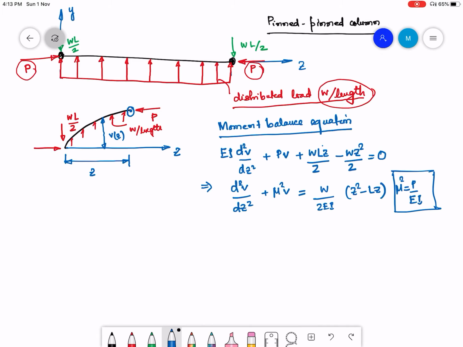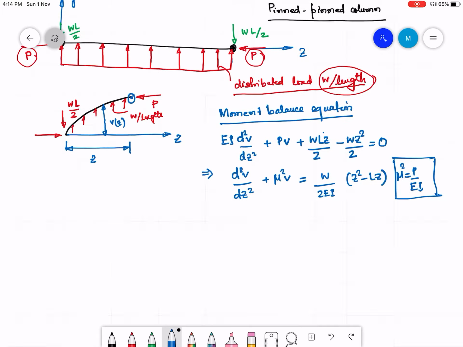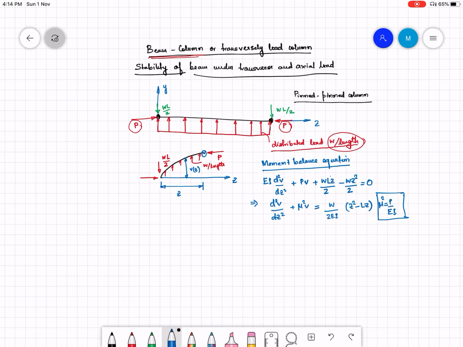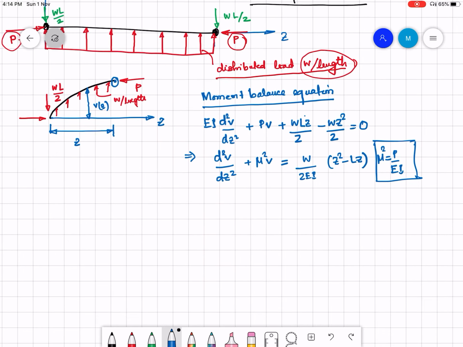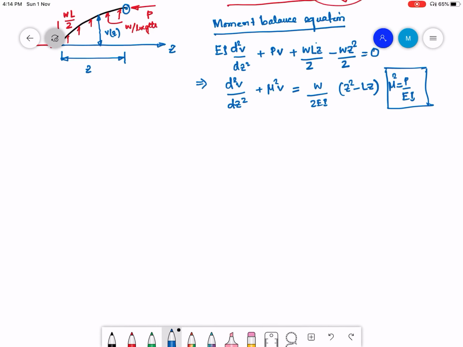Now if I solve this equation, the general solution is v of z equals A cos mu z plus B sin mu z.